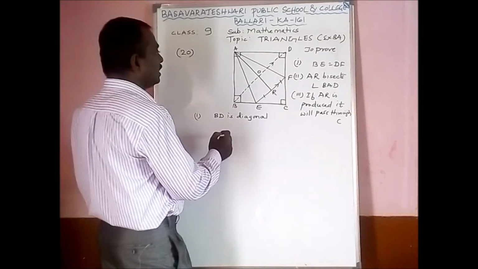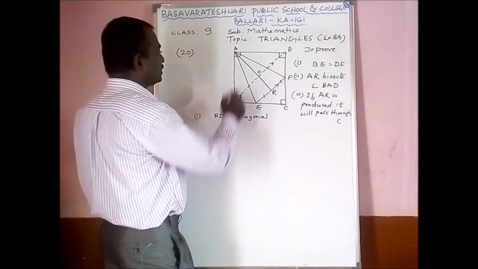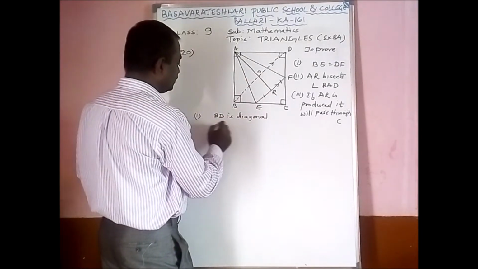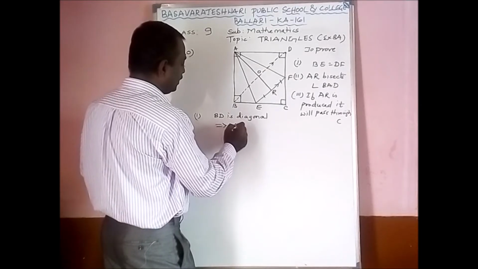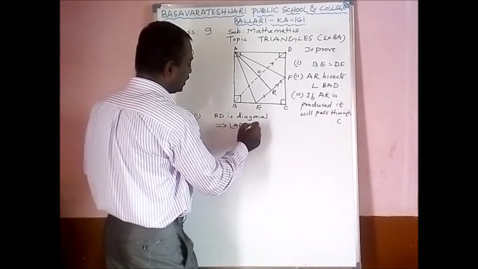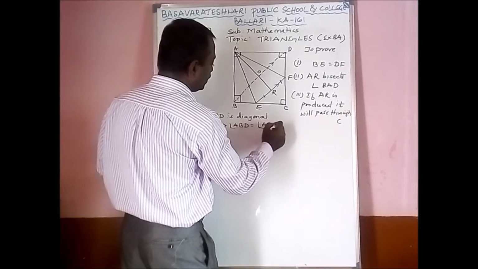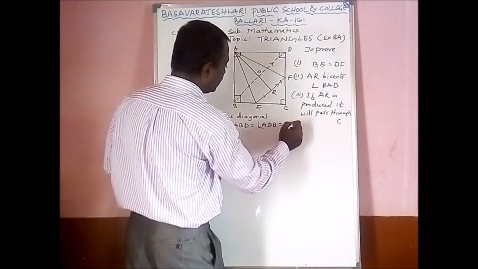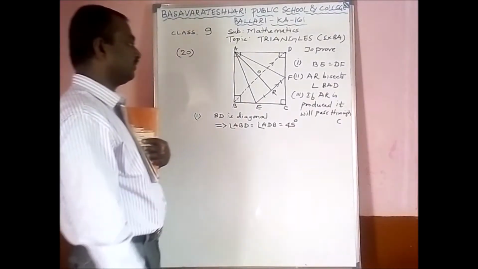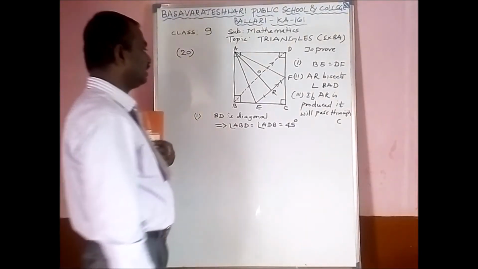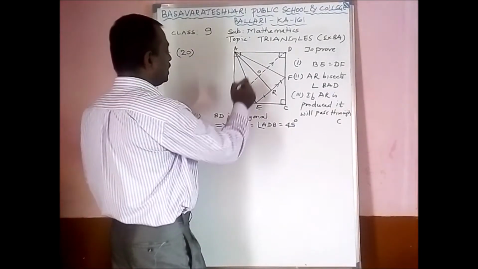Therefore we can say angle ABD is equal to angle ADB is equal to 45 degrees.